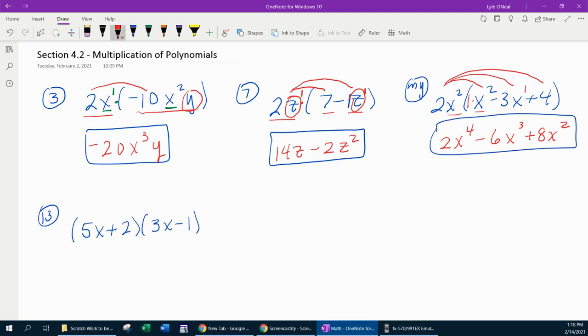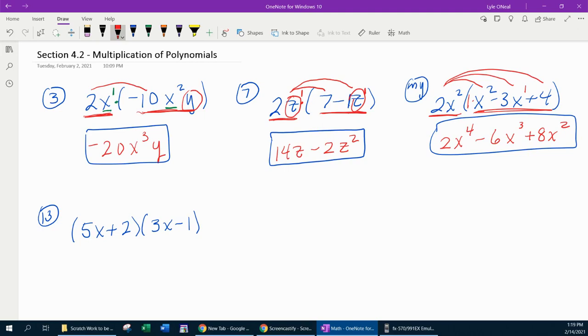All right, so at this point, the first 3 examples are monomial multiplication: a monomial times a monomial, a monomial times a binomial, and a monomial times a trinomial. We could keep cranking that up, but it's simply going to be the distributive property.